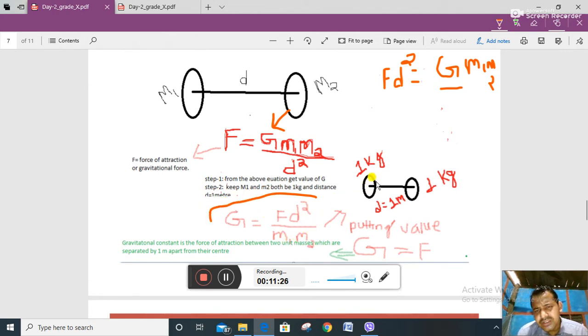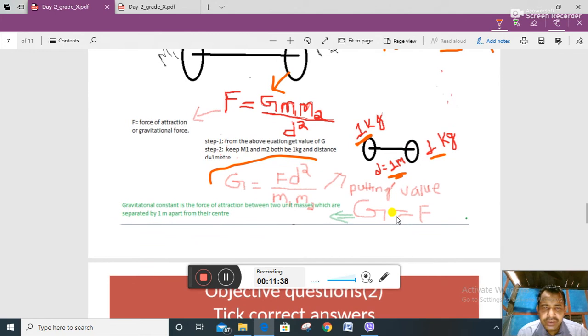Now think about this scenario. Take 1 kg mass, and on this side also 1 kg mass, and make the distance between them 1 meter. Then put all these values in.